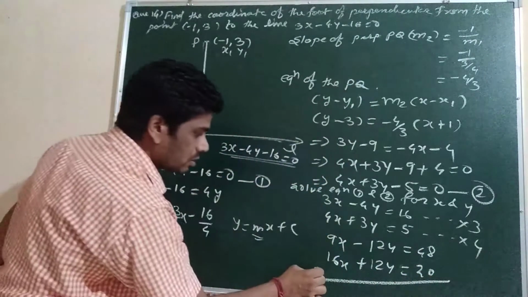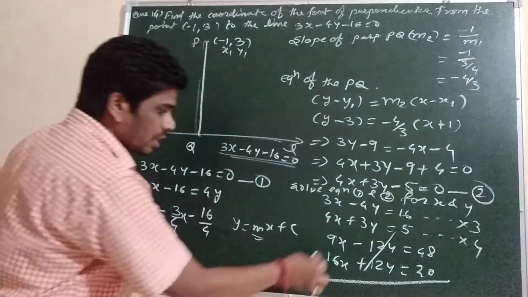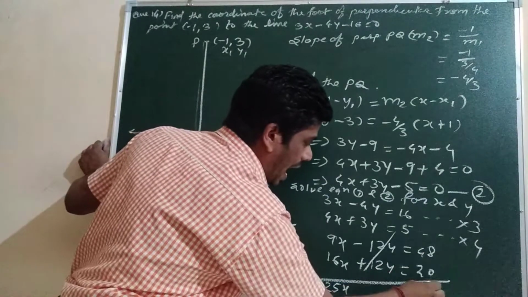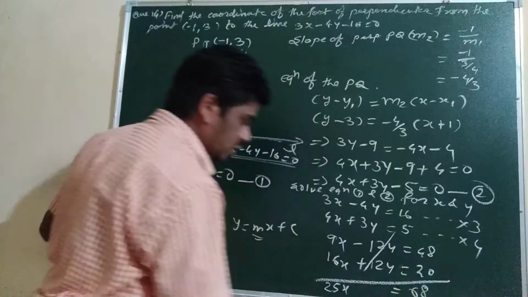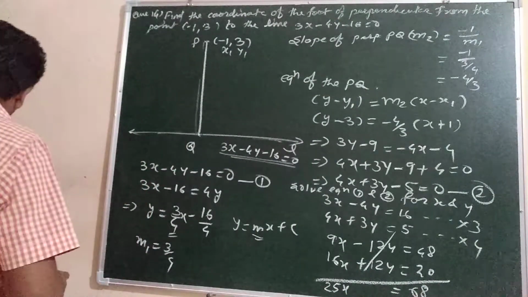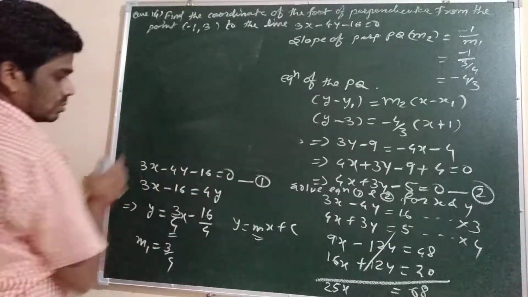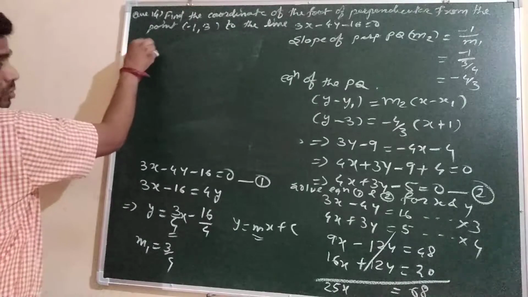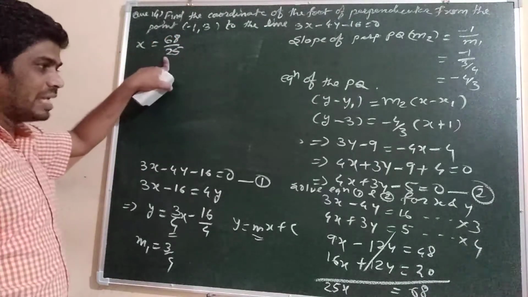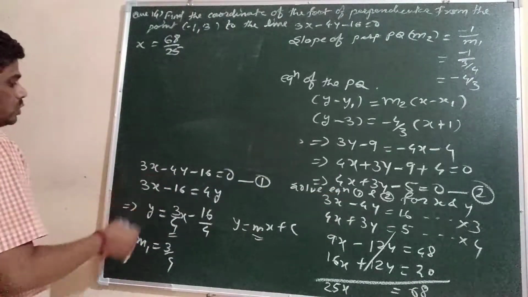Now we can add, so plus and minus will be cancelled, which means 9 plus 16, it will be 25x equal to 48 plus 20, which is 68. So x equal to 68 upon 25.